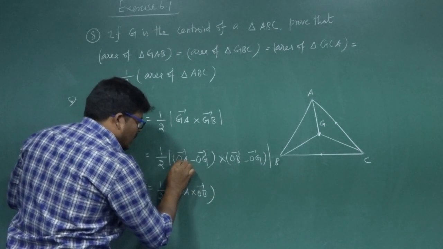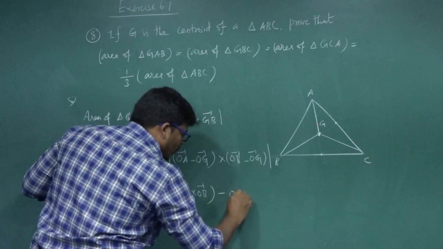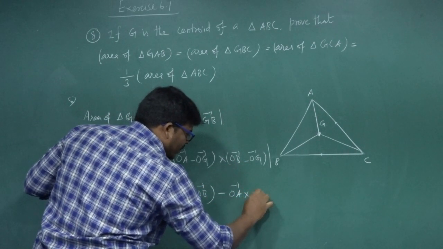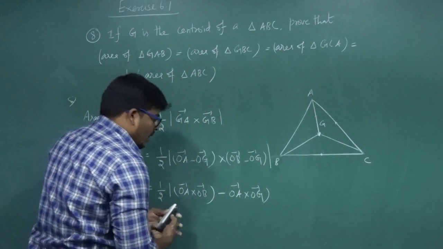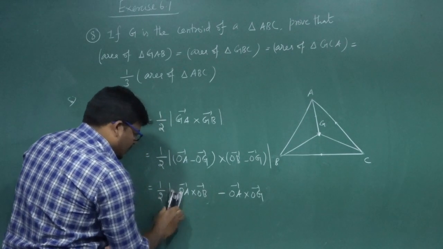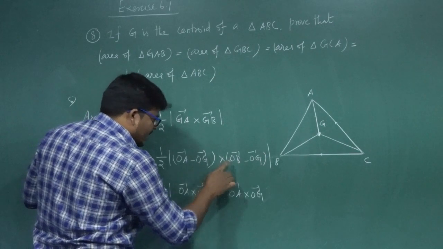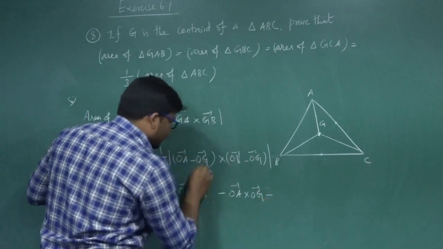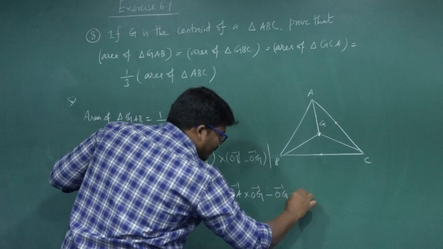Next one, plus and minus is minus OA vector cross OG vector. Next one, minus, the plus is minus OG vector cross OB vector.